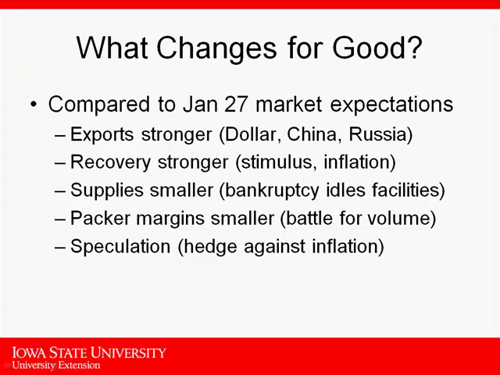Worldwide economy would have to pick up. Maybe even a little bout of inflation to help commodity prices. Supplies would have to be smaller. We would have to have had some bankruptcies that we don't know about in the marketplace. Remember, this is compared to what we know yesterday. To bring supplies down, or disease problems, or we idle some facilities compared to what we know today.